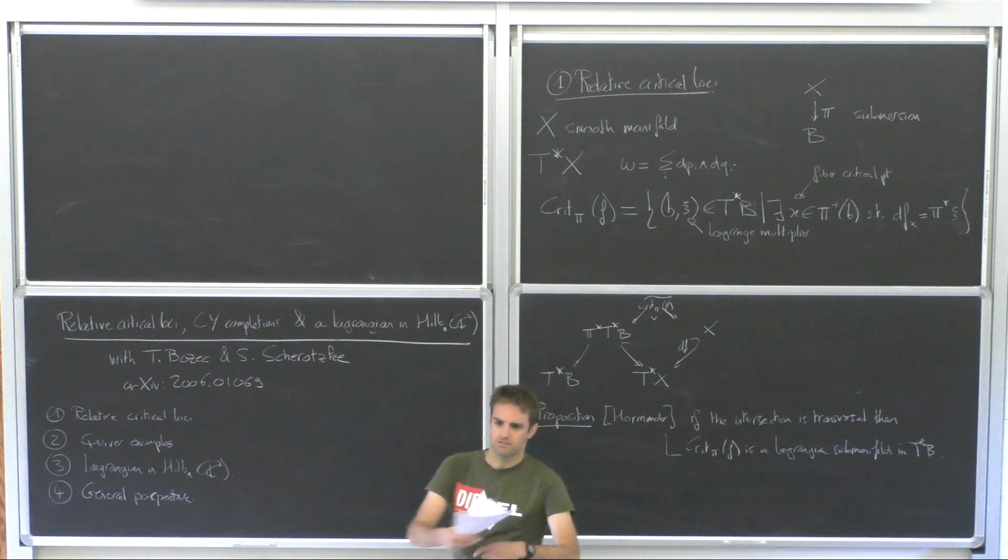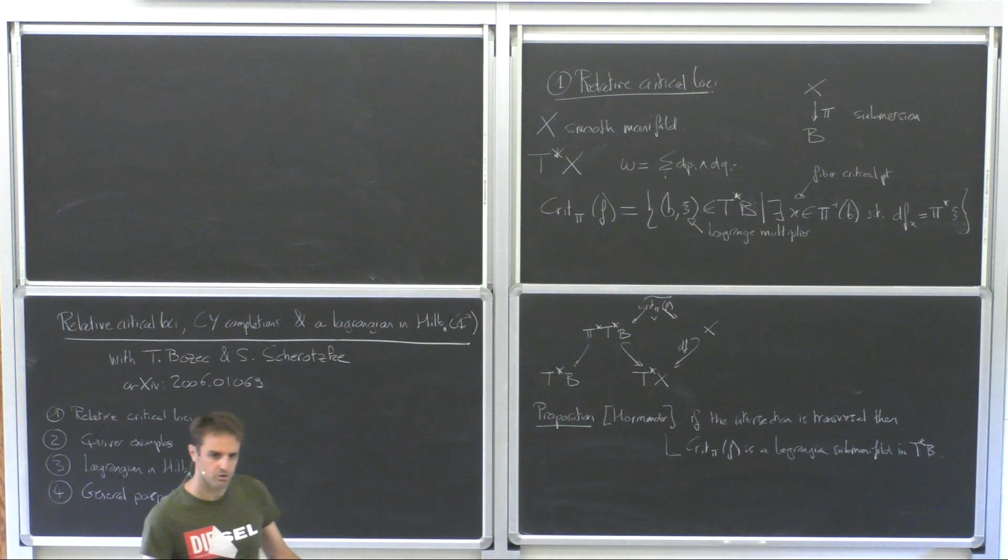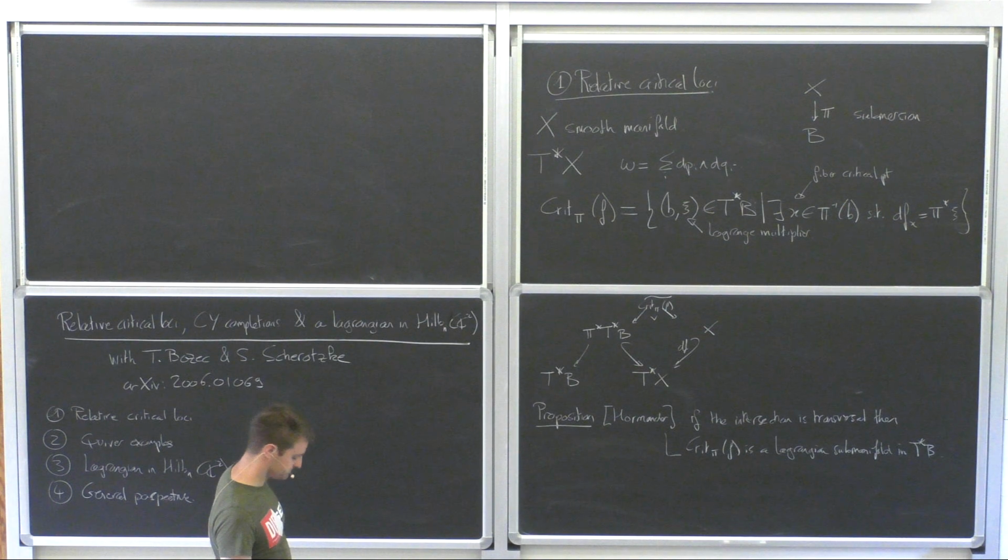It may have self-intersections and things like this, but still you get something which is Lagrangian.